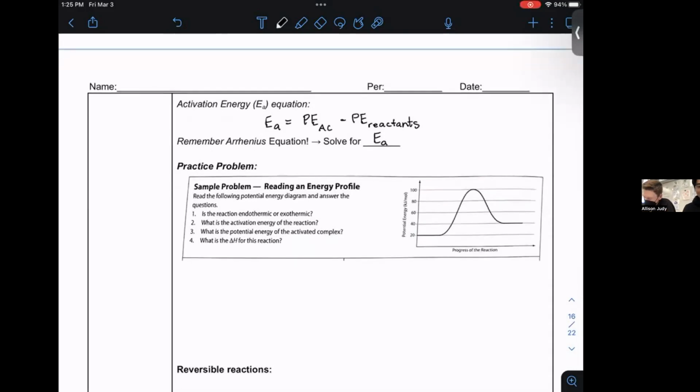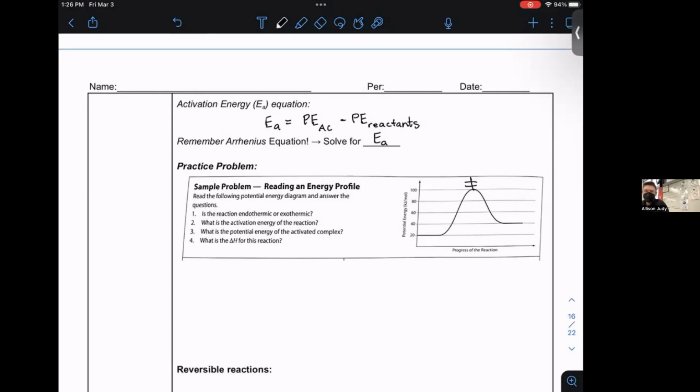We have the symbol for the activated complex that looks like this, right? It looks like a wire, like a Wi-Fi wire. What do you call those? Telephone pole?